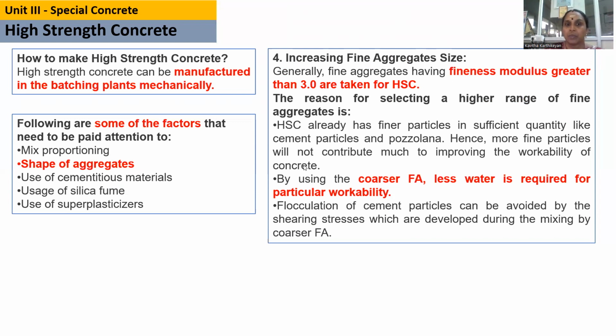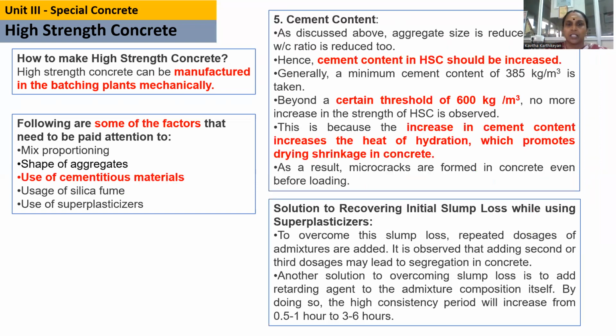So more fine particles will not contribute much to improving the workability of concrete, because cement is already added in additional content. So we go for making the fine aggregates even coarser, which helps in workability. If more finer particles are added, the workability gets reduced, and it is not easy to mix the concrete. So we are increasing the size of the fine aggregate. This is another factor which needs to be considered.